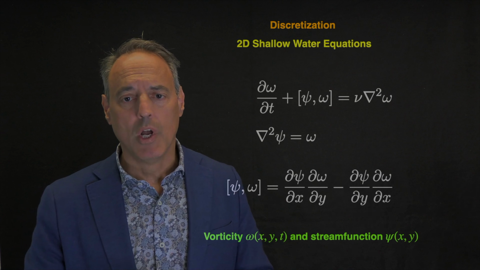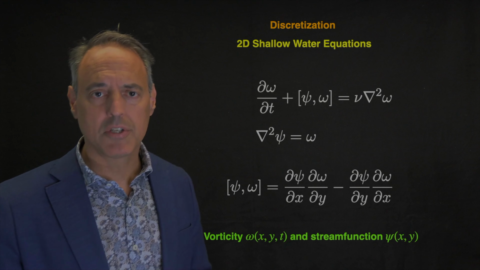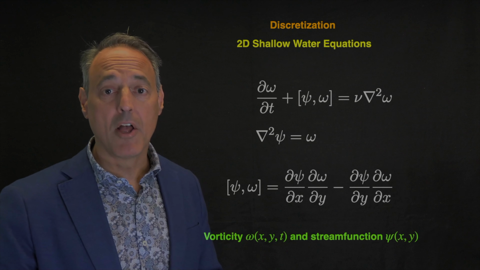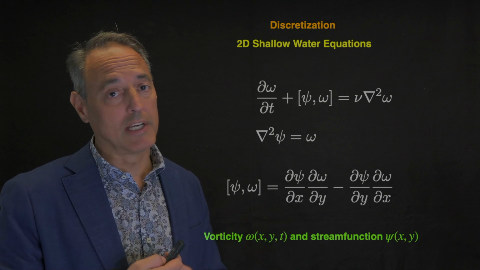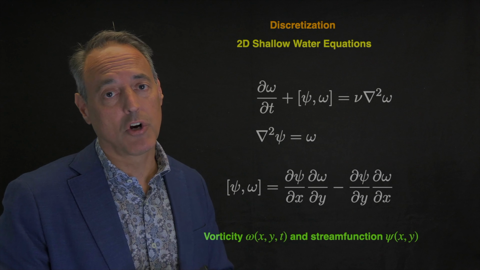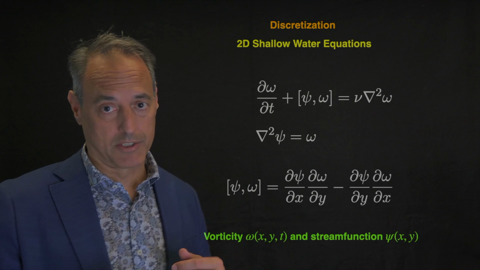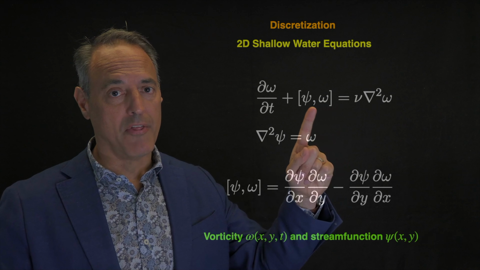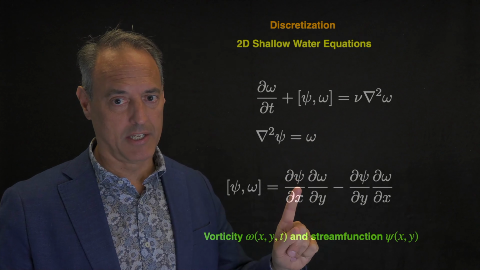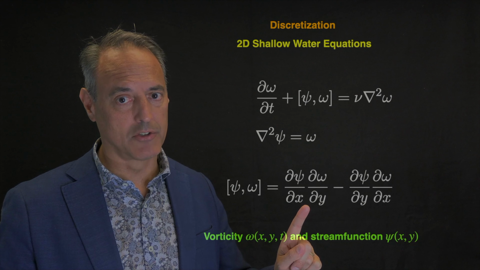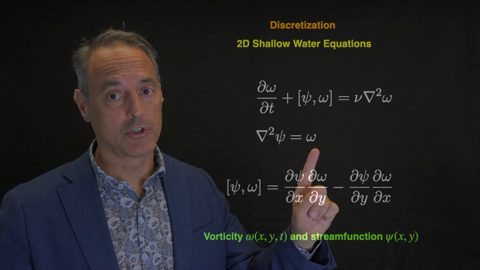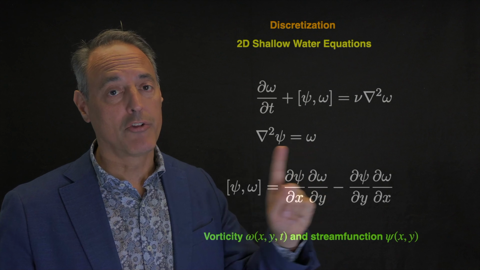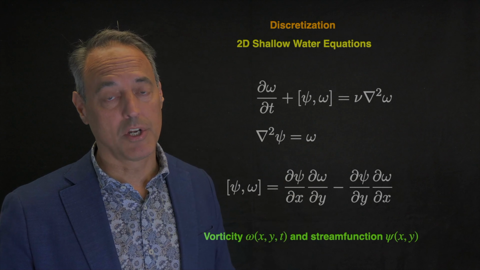Okay, so the context that I'm going to introduce is a fairly complex system, but it's just relationships among derivatives, and this is what's called the 2D shallow water equations. What we have here is the evolution of the vorticity, where this Poisson bracket is just the partial derivative with respect to x of the stream function, psi, which is related to the vorticity through this Laplace equation here.